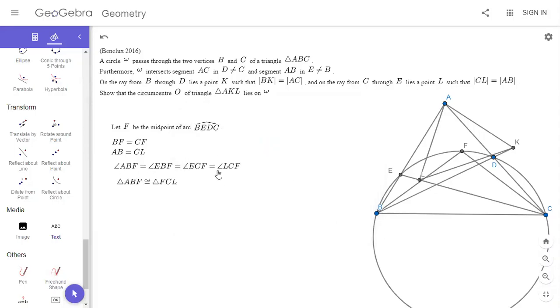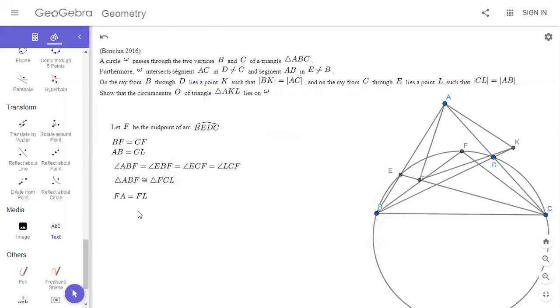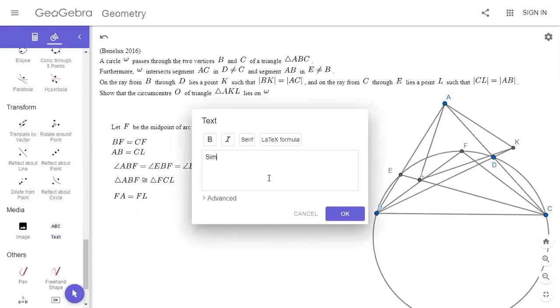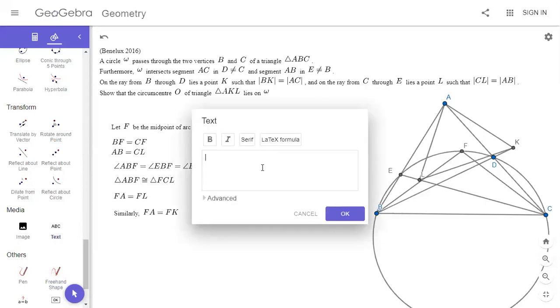And so that means that FA is equal to FL. And then by the same argument, FA is equal to FK. And so F is the circumcenter of triangle AKL.